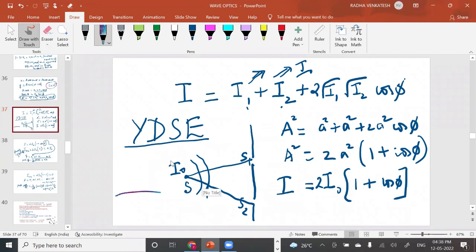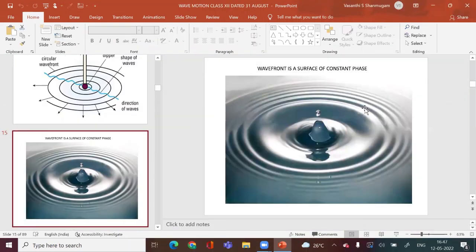if I start with I naught here, this is a very good picture I have here, isn't it? Water wave, and you are able to see the spherical wavefront.